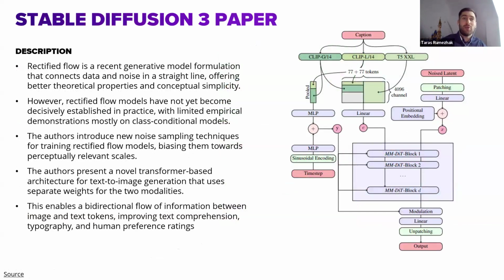I thought that the paper would be dedicated to Stable Diffusion 3, but actually the main topic described during the whole paper is rectified flow. So probably we don't have time to dive deep into the details here. You can read the paper.